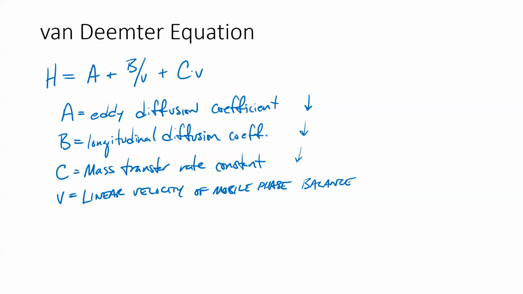So looking at each of these components, the eddy diffusion: if we have our column, here's my column, right? In HPLC, a column is filled with packed beads.